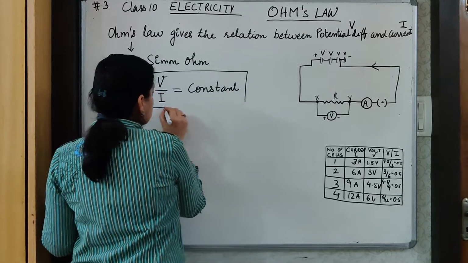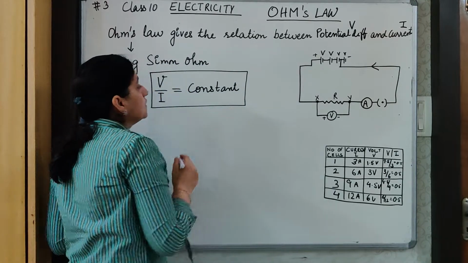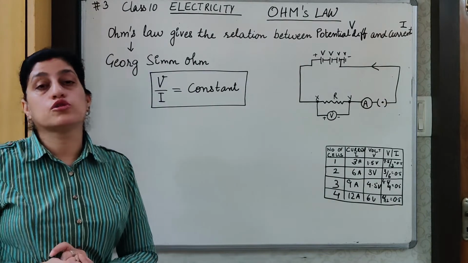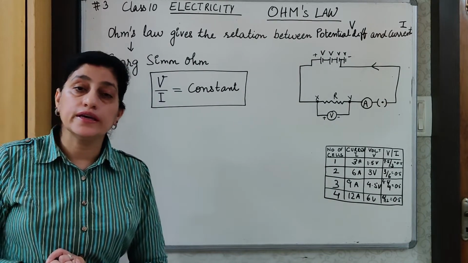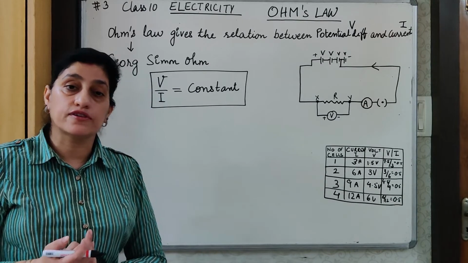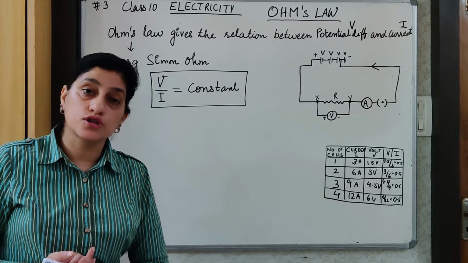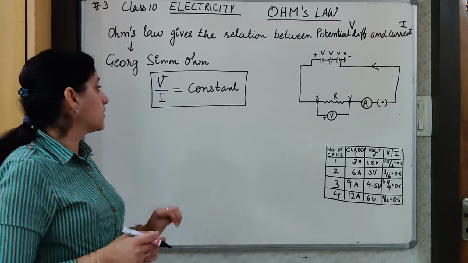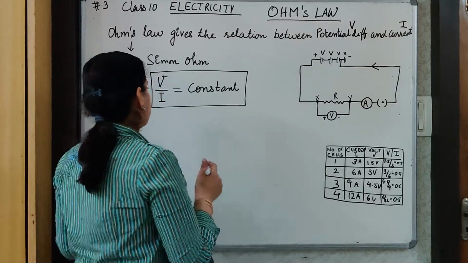This can also be stated as a representation of Ohm's law. To define Ohm's law, we say that V is directly proportional to I, that is, potential difference is directly proportional to current at a given temperature.